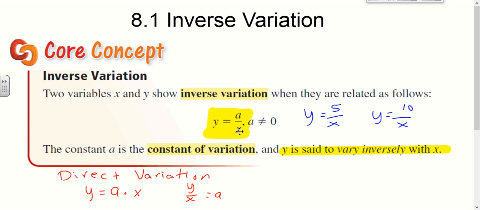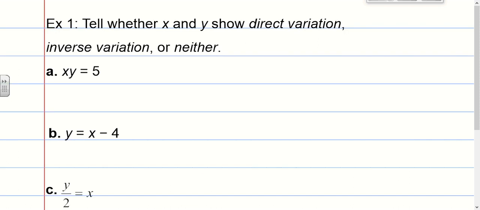So if you're looking at both of those, with inverse variation it's a divided by x. Direct variation is a times x, a being the constant of variation, which is typically a coefficient or a number of some kind. So looking at example 1, tell whether x and y show direct variation, inverse variation, or neither.